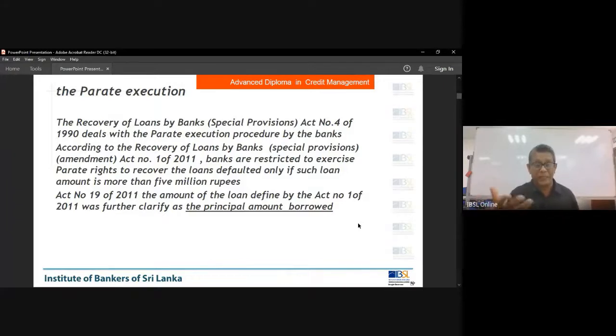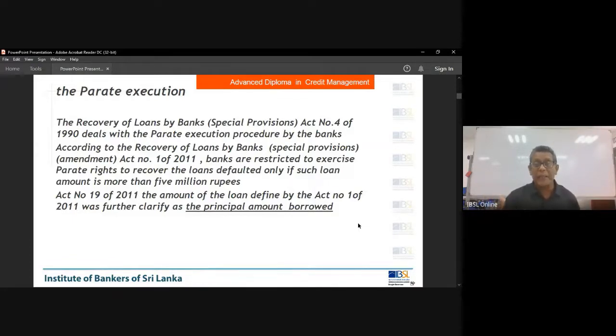Parate means immediate action in Dutch. In Sri Lanka, we use the Recovery of Loans by Banks Act number 4 of 1990, which is the act prevailing in Sri Lanka dealing with parate execution.